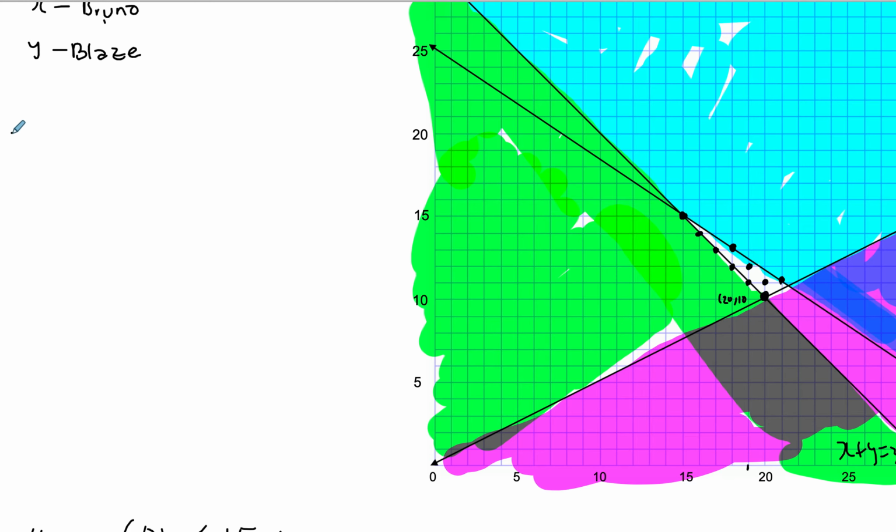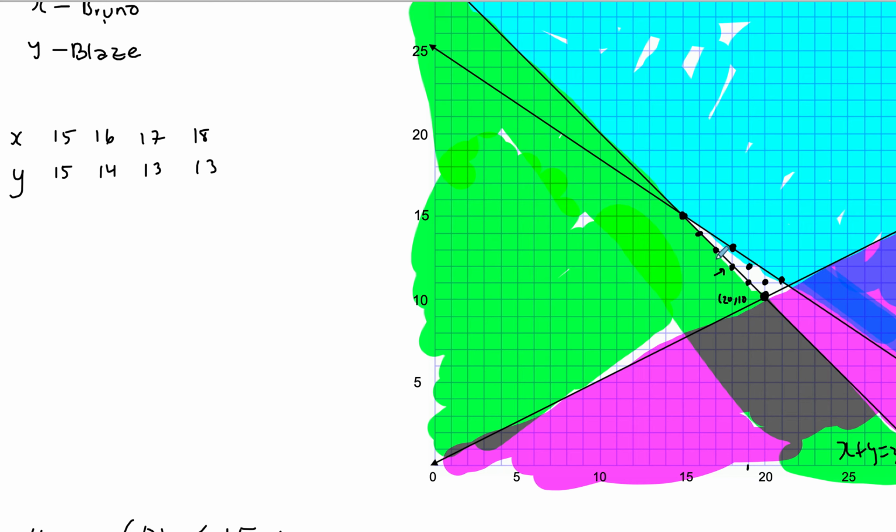So just to create a table like last time, we have the x, we have the y values. We have 15 and 15, we have 16 and 14, we have 17 and 13, we have 18 and 13. So this is my 18 and 13, and then this somehow doesn't belong in the region.